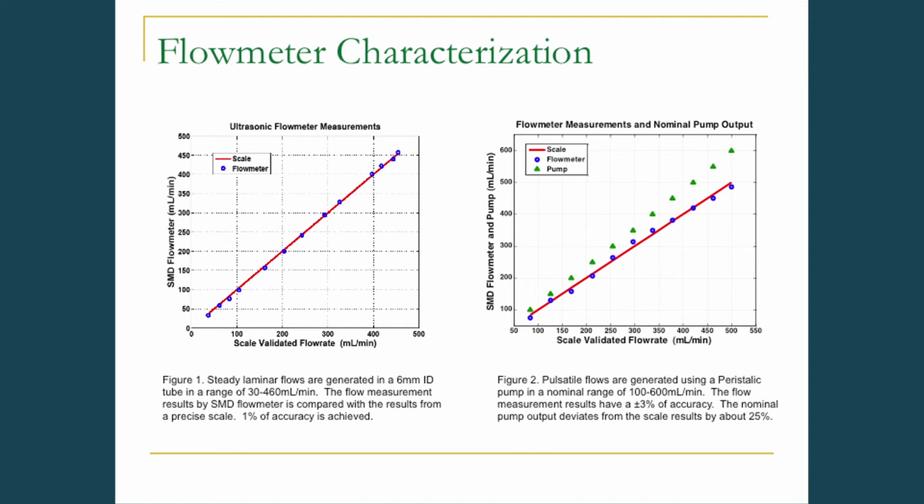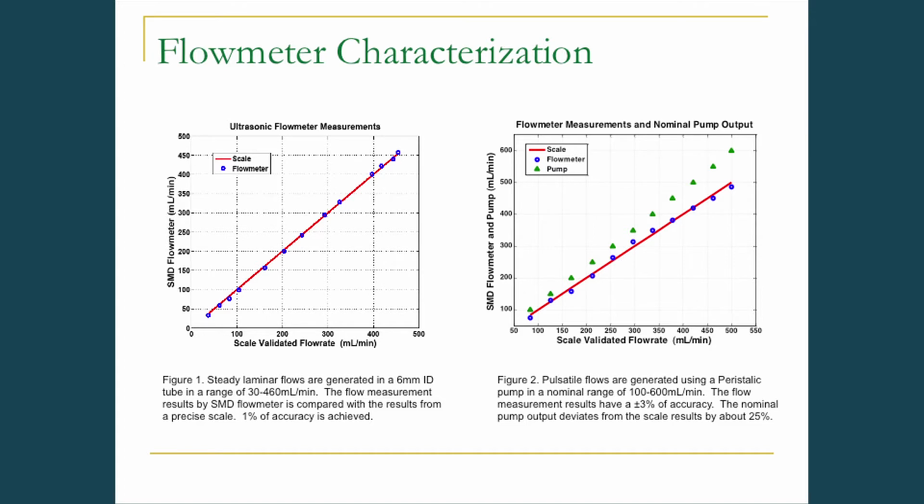But what this graph shows is the green, I don't know if you can tell they're green, but they're triangles, are the actual settings. This happened to be a dialysis machine, rotary peristaltic pump. There were the settings on the dial, and the red line is the scale measurements.